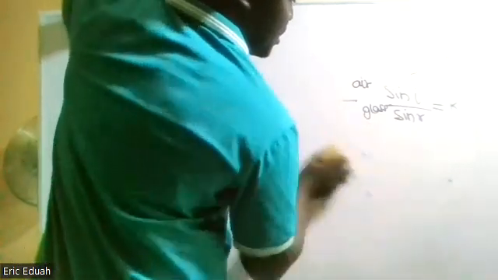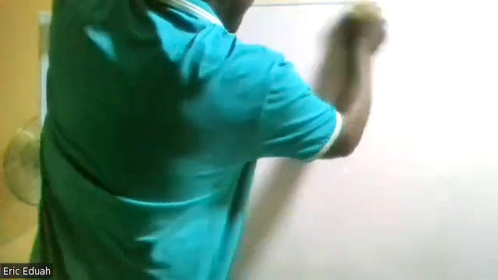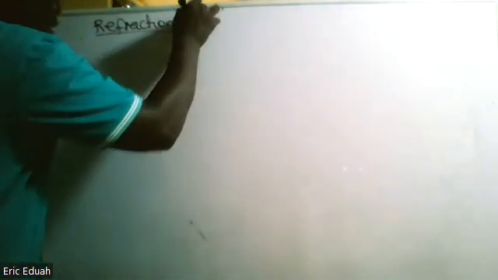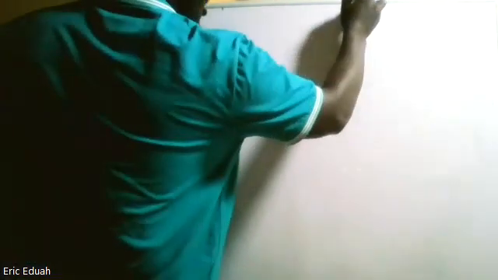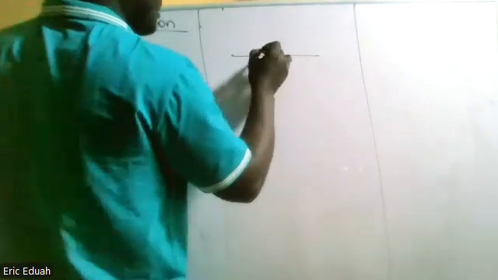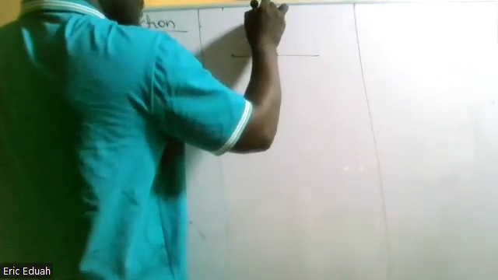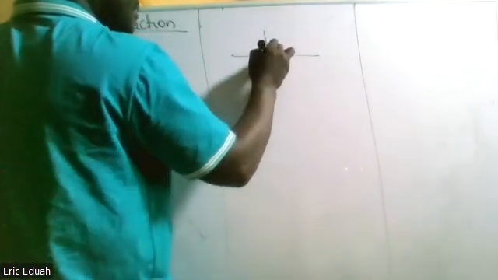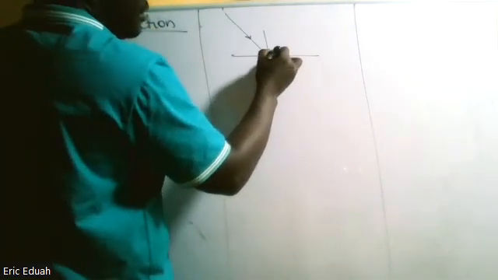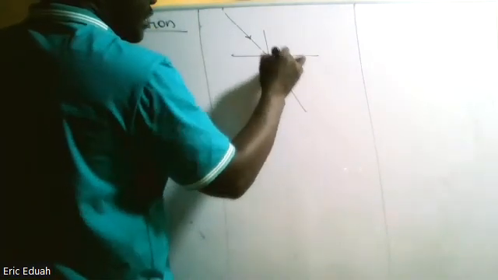So let's go back to the second principle, Snell's law. The second law, rather. Whenever you have two media of different optical density, boundary, the normal, incident ray, refracted ray.